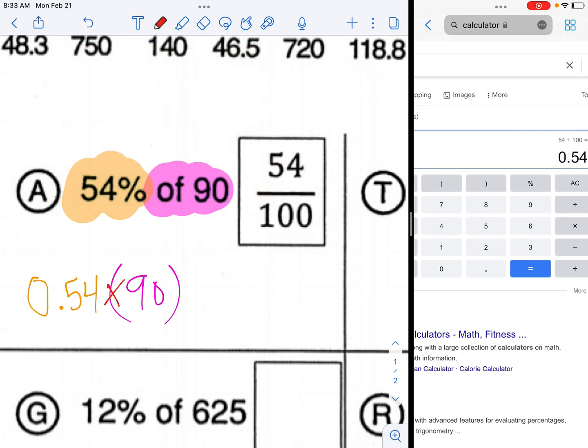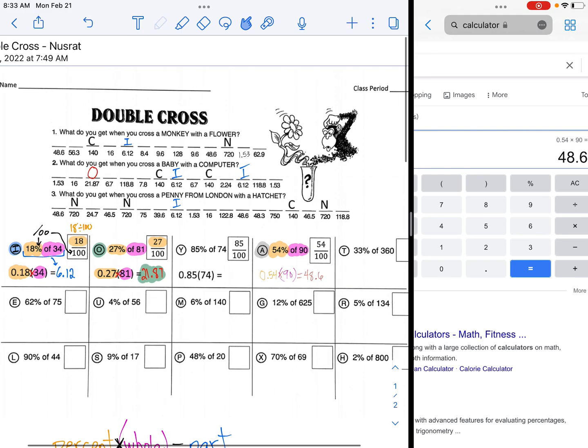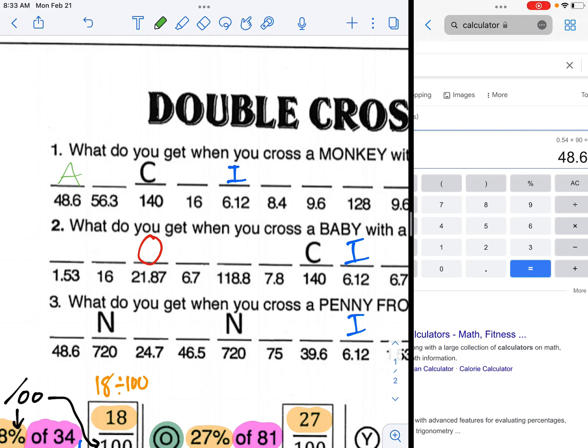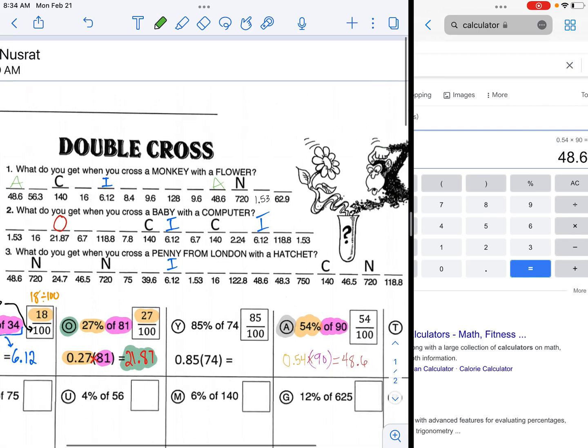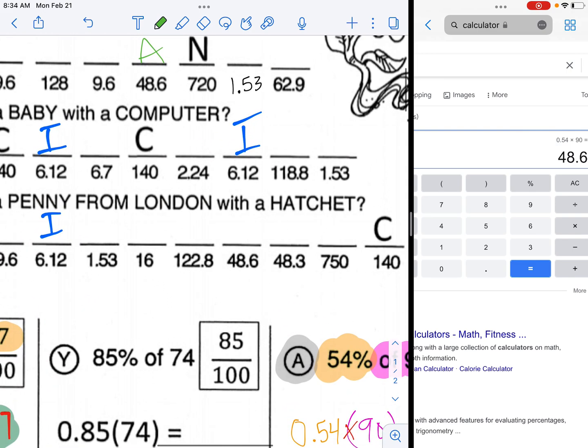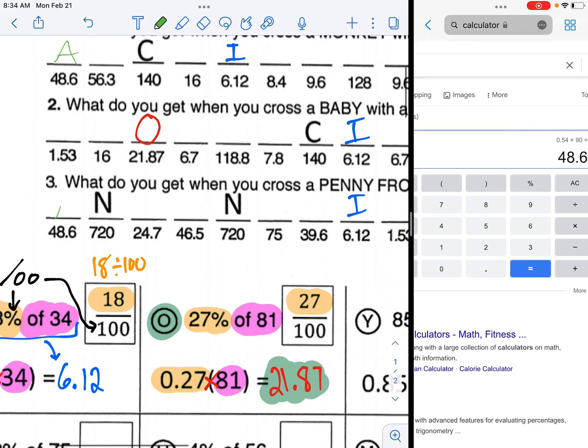Then I times 90, because that was the of, and my answer is 48 and 6 tenths, 48.6. So now, anywhere I see 48.6, I'm going to write A. Oh, I see a couple of them on the top. Grab a different color here. A. There's another one. A, 48.6. There's another one on the bottom. A. Look carefully. Oh, and one more at the front.